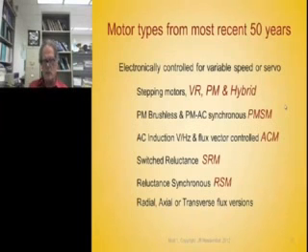The switch reluctance motor has salient poles in the stator and the rotor. The reluctance synchronous machine only has saliency in the rotor itself. You can configure all of these machines three different ways: radial, axial, or transverse flux. I think those definitions are almost self-explanatory, but we'll look at some in some future slides.